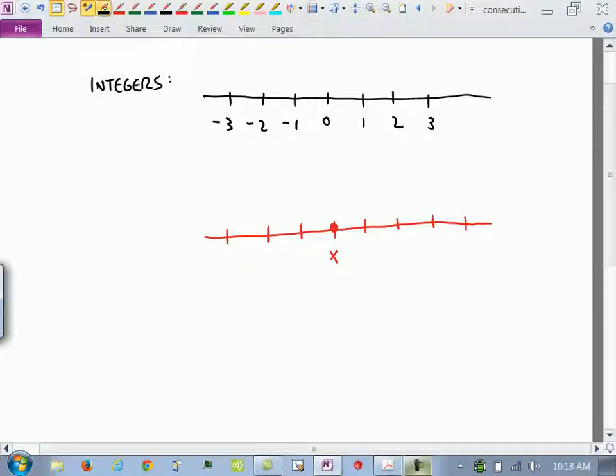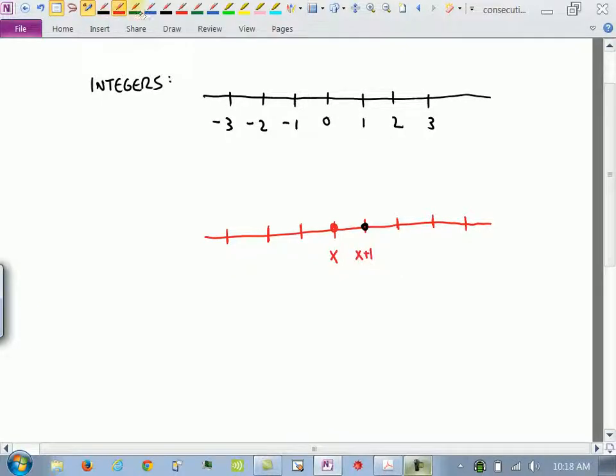Then what would this next one to the right of it be? It would be x plus 1, right? Wouldn't it be 1 more than the one before it? Not 1 times it, but 1 more than it. Not double it, but 1 more than it. So this next one would be x plus 1.